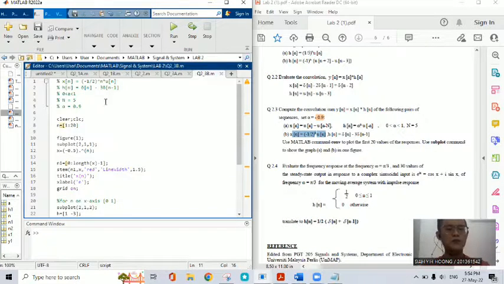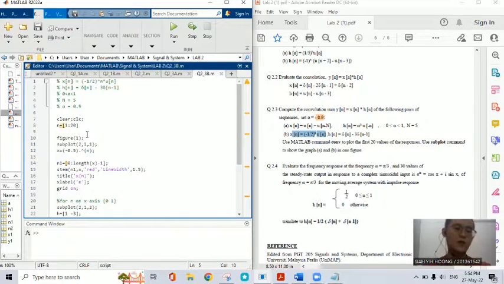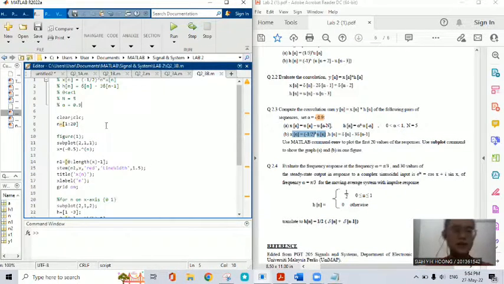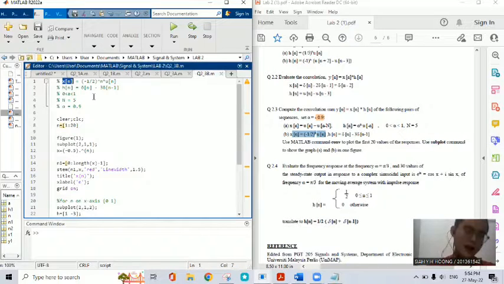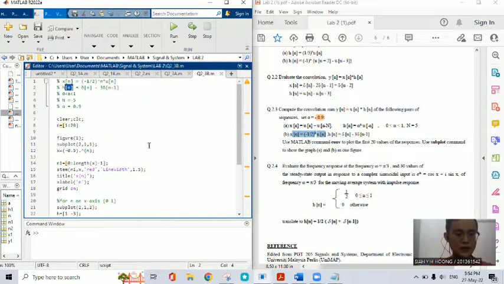Okay, now we're going to take a look at 2.3b. It has an equation like this. This is the input signal, and this is the impulse response. What we're going to do is the same: we separate into two figures. Figure 1 will have two signals inside, the input signal and the impulse response, and figure 2 will have the convolved signal.